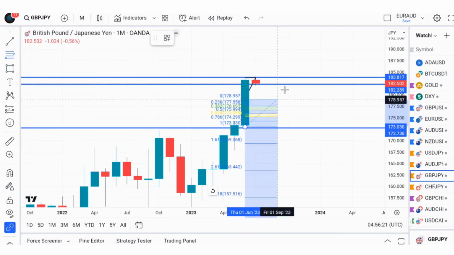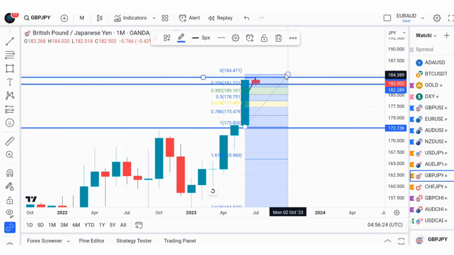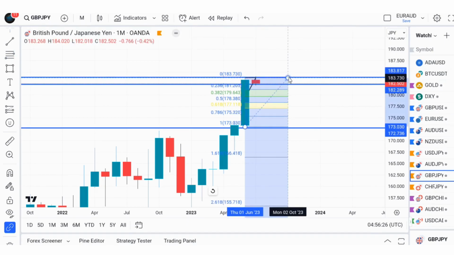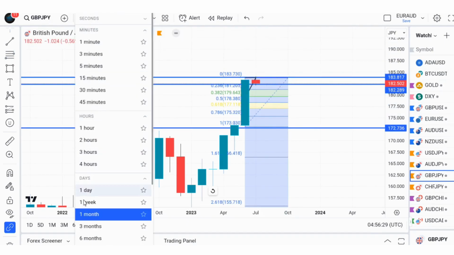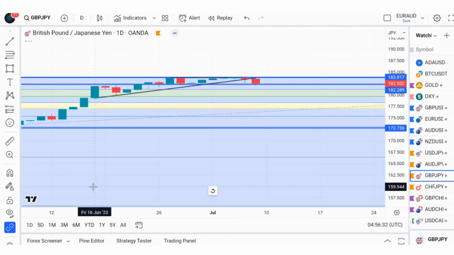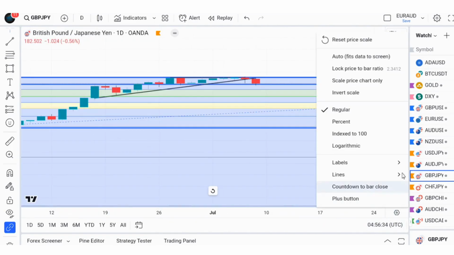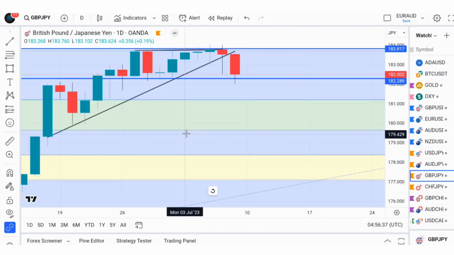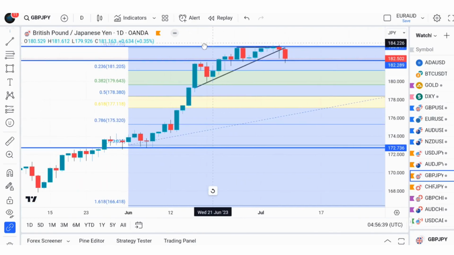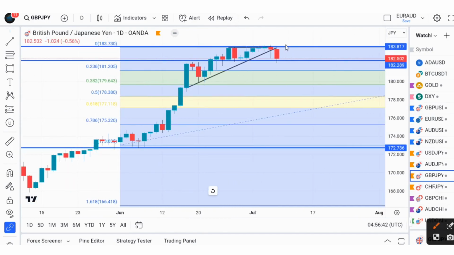So above this particular monthly candle, I'm not willing to trade the GBP JPY, but if it's still below it, then I'm still on it. So yeah, this is our safe zone right there. The stop loss is high, but you have to use a minimal lot size, and this is the safe zone right there. Anything above this level, I'm not willing to sell GBP JPY.